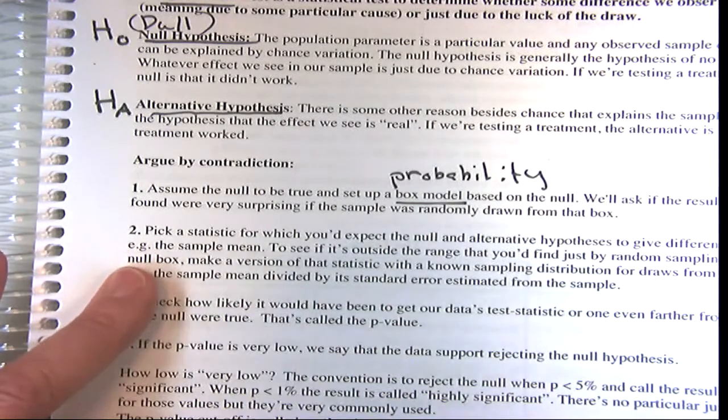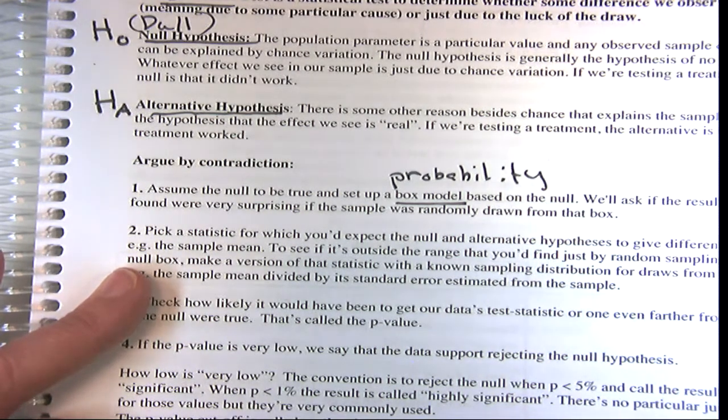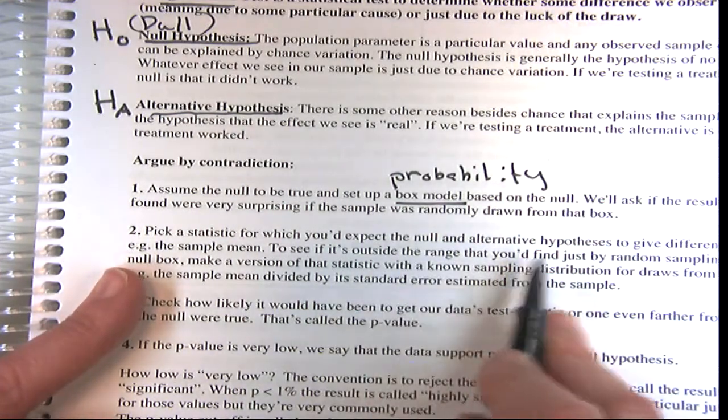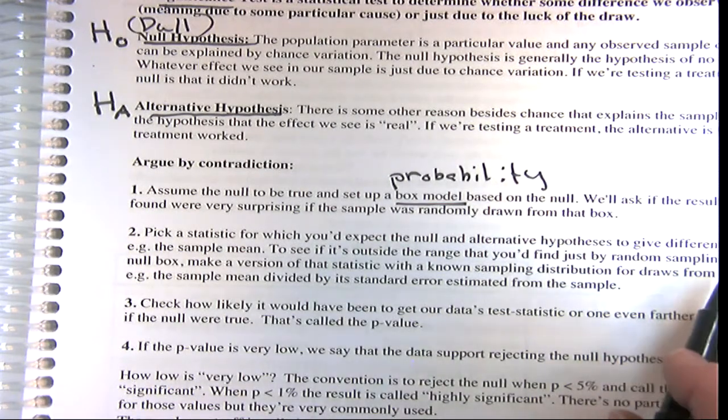Then you pick a statistic. In Stat 100, we've mostly been looking at z-stats, but there are also t-stats, chi-square stats, and f-stats. Those are the stats we'll certainly be looking at. There are lots of different types of test statistics, for which you'd expect the null and alternative hypothesis to give different values.